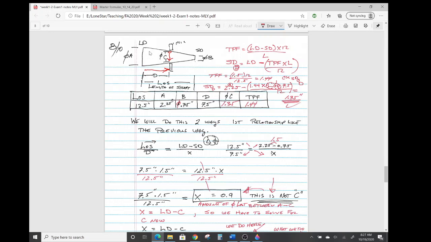All right, so we set it up the same way we did the other relationship. 12.5 inches is the total length of the taper, yes? Okay. 7.5 inches is at the point we want to measure the diameter, right? D is 7.5 inches. All right, let me clean this up.